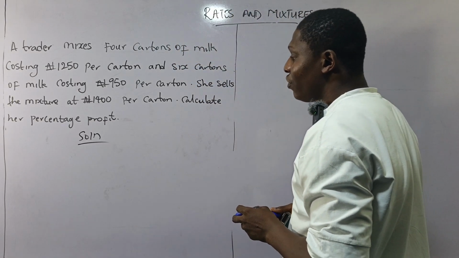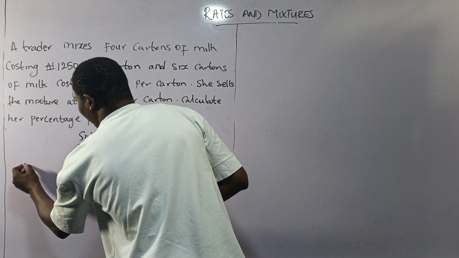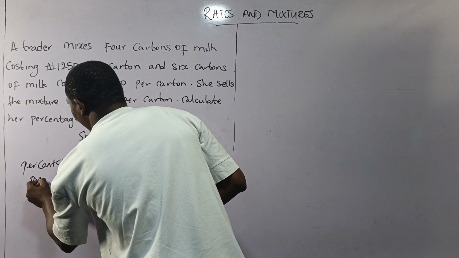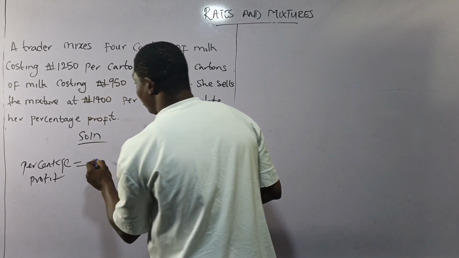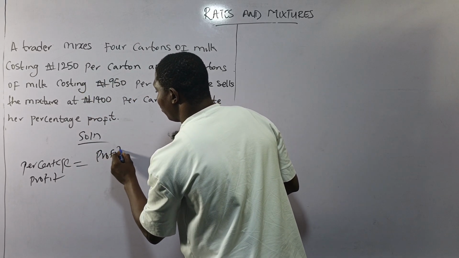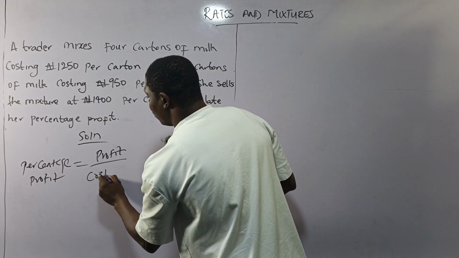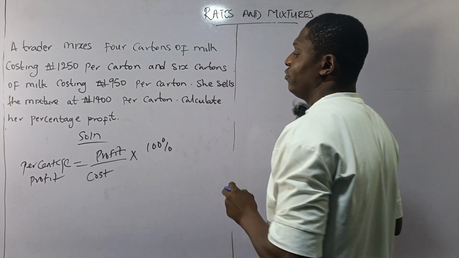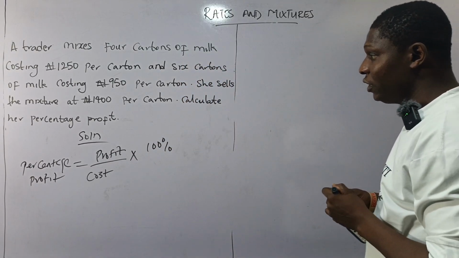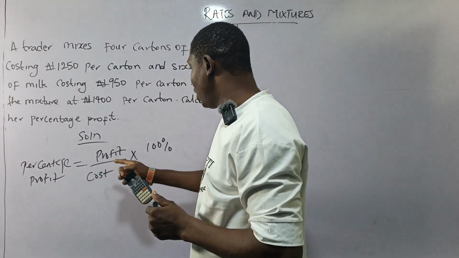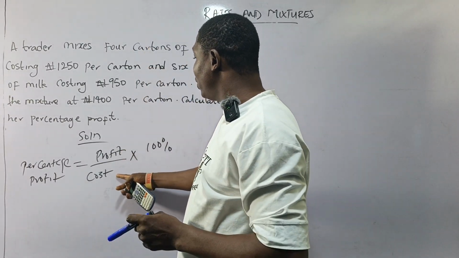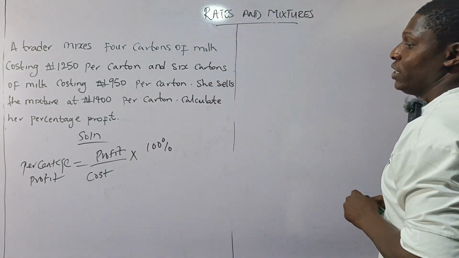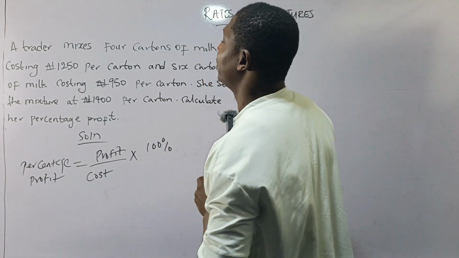Now, percentage profit is given by profit all over cost times 100 percent. That's to say we need to know our profit and our cost from the question given before we can get our percentage profit.